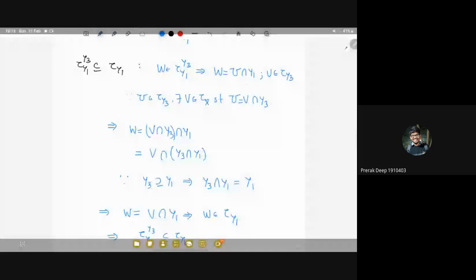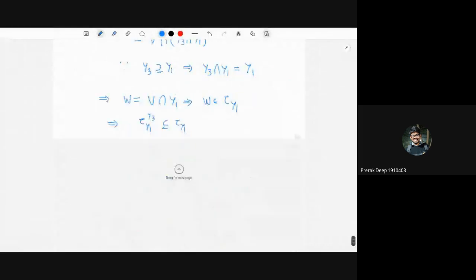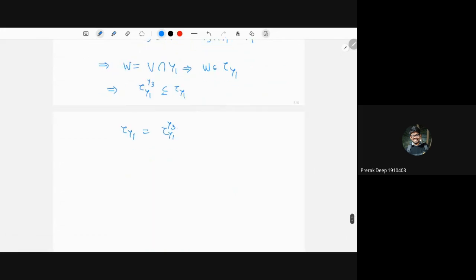So the topology induced on y1 from y3 is contained inside the topology induced from x on y1. This completes the proof of the fact that tau y1 is equal to tau y1 induced from y3.